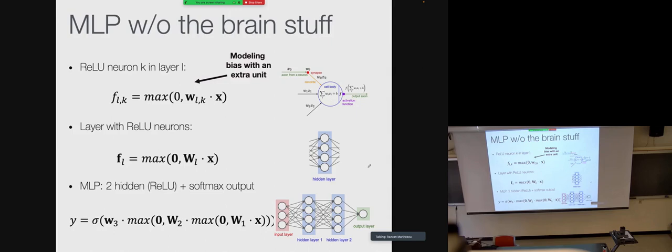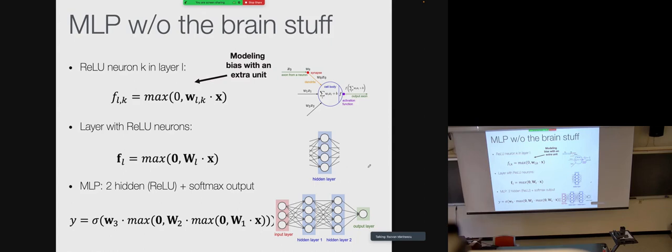F here is this function, max between 0 and that. ReLU stands for rectified linear unit. It's just two linear functions: below the activation threshold it is just 0, and above it, it is just an identity function.